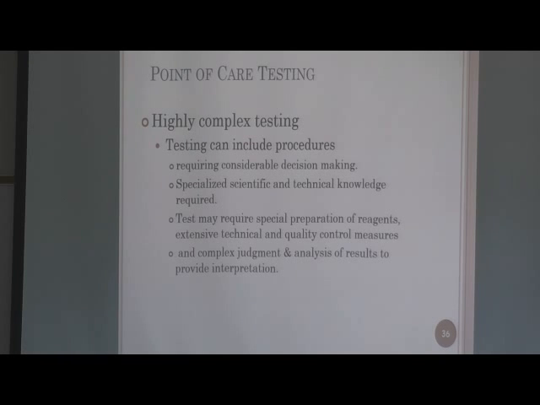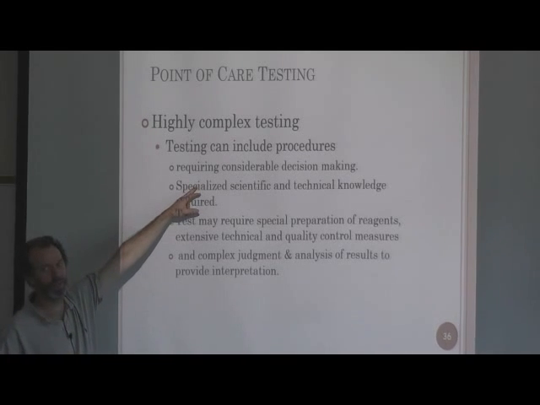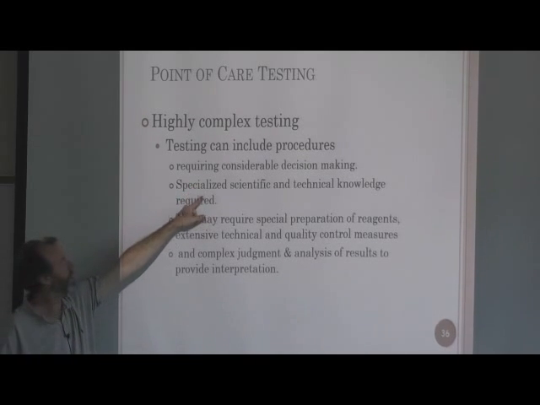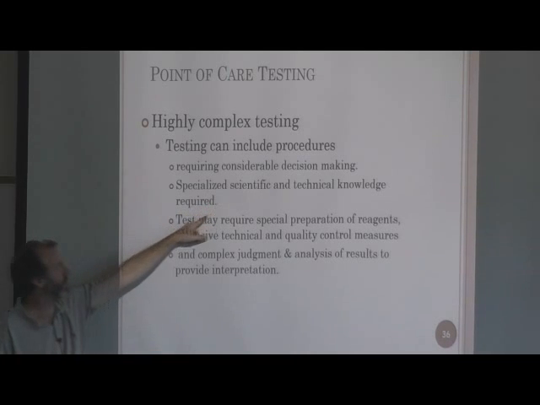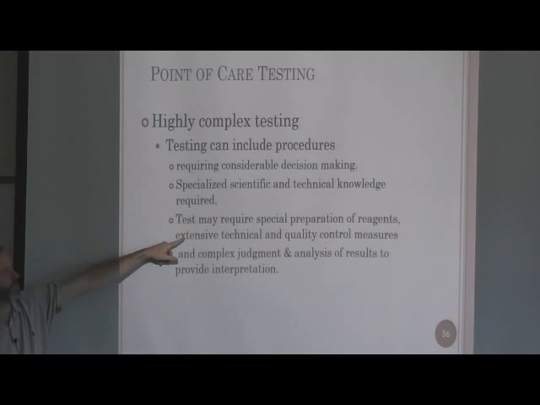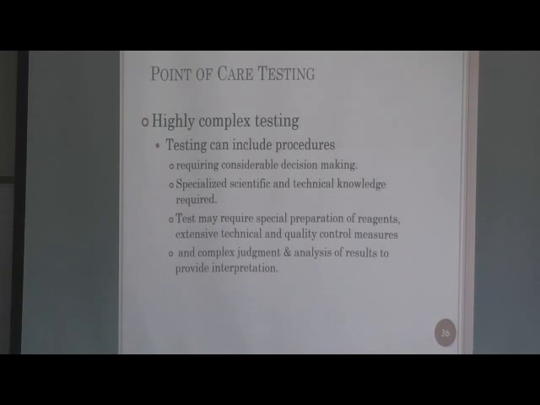Highly complex testing can include procedures that require considerable decision-making, like your counting, right? Specialized scientific and technical knowledge. Tests that require special preparation of reagents, extensive technical and quality control measures, like HPLC, MS, and complex judgment and analysis of the results to provide interpretation, which is looking at cell samples, fluid preparations from patients.